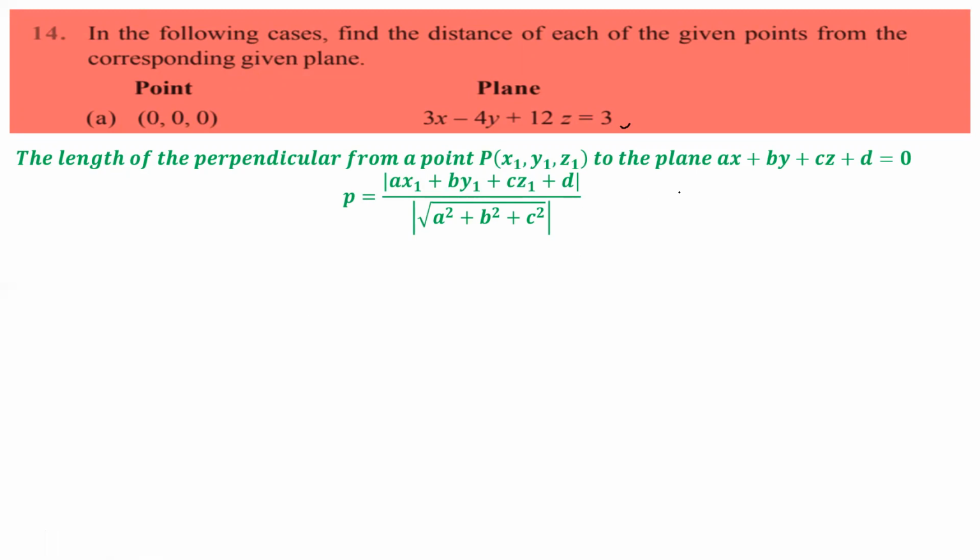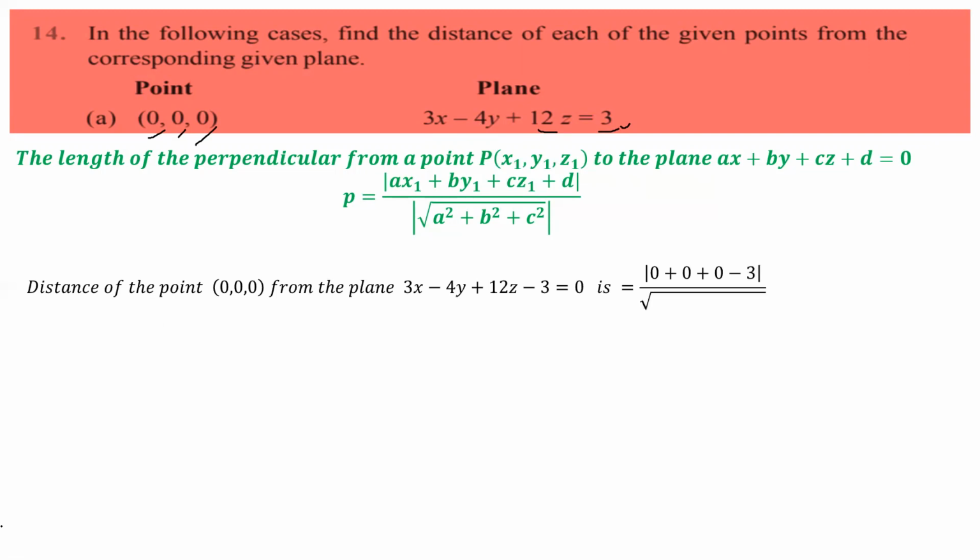So compare this to the equation and find the values of a, b, c, d. So a is 3, b is minus 4, c is 12 and d is minus 3, right? And x1, y1, z1 is 0, 0, 0. So simply apply the formula and find the distance between the point and the plane.